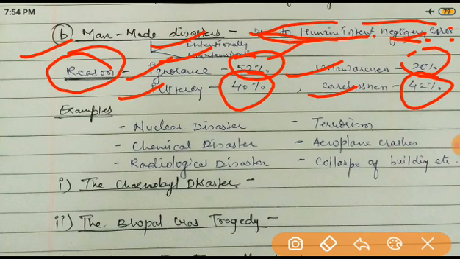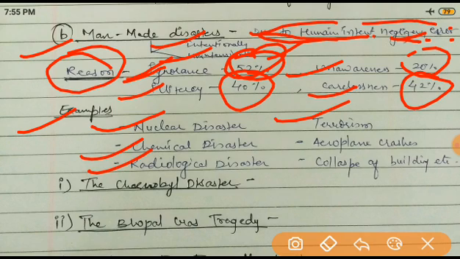Okay, the greatest percentage is ignorance, because most of the things we ignore, we just take lightly. Then if I talk about examples, they are nuclear disaster, chemical disaster, radiological disaster, terrorism, aeroplane crashes, collapse of building, etc. These are all examples of man-made disasters.